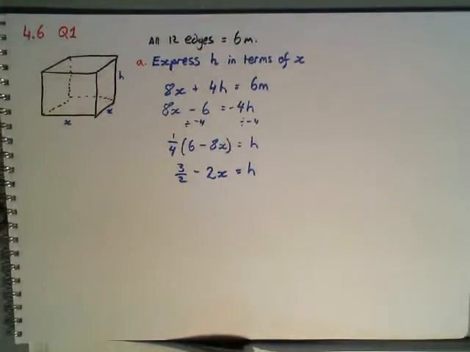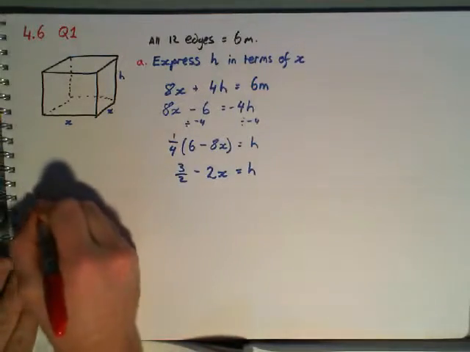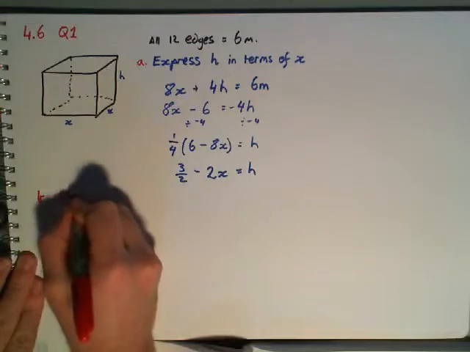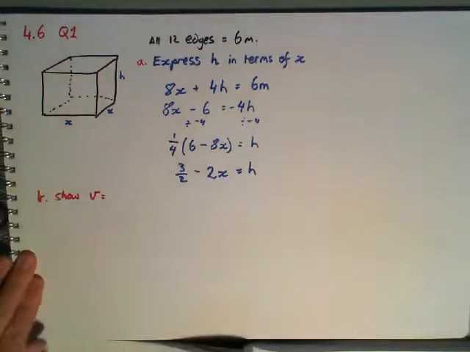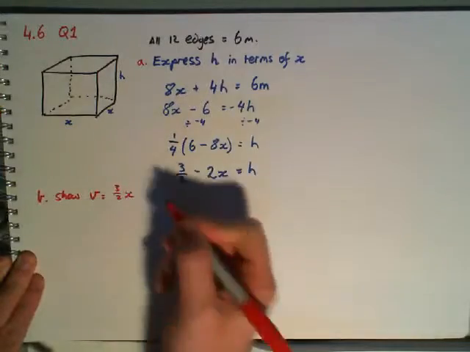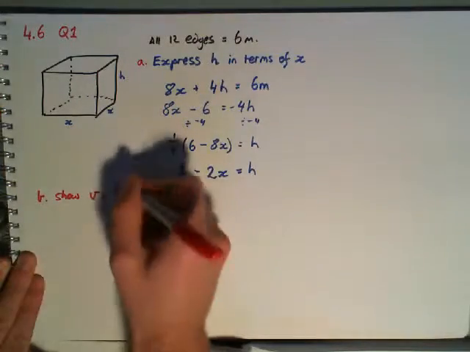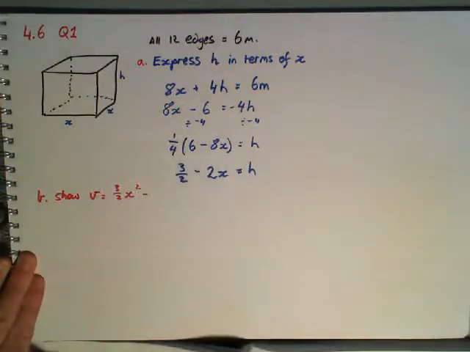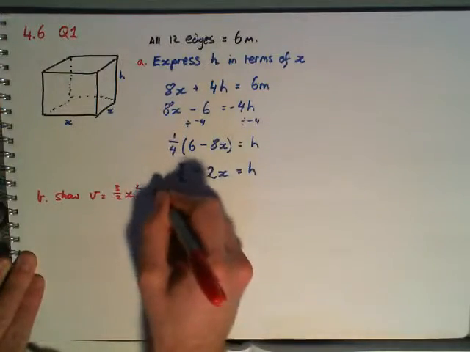Okay, part B asks us to show the volume V of the container is given by V equals 1.5x squared take 2x cubed. So what we want to do is show that V equals 1.5, so 3 over 2 x squared take 2x cubed.